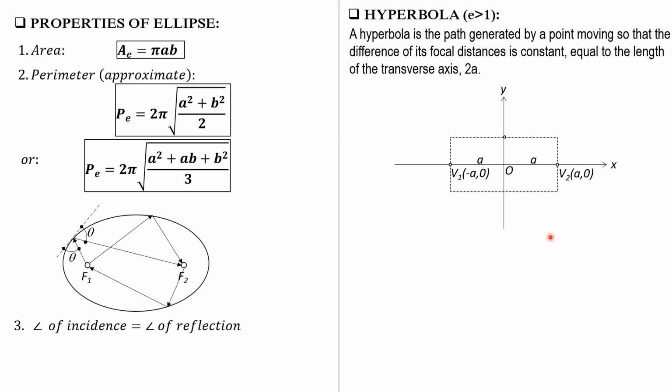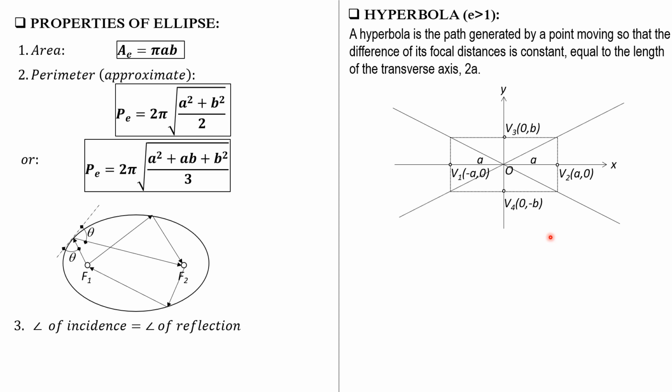Then we have vertex 3 at 0 comma b. The line segment from V3 to V4 is the conjugate axis, and that is equal to 2b.